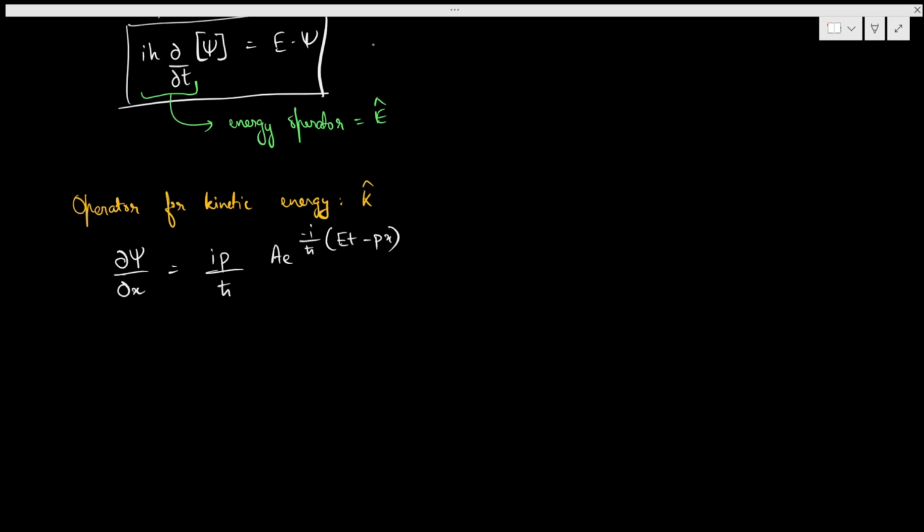Now we want kinetic energy here. Kinetic energy is not a quantity that is already there in this equation. So how do you get kinetic energy here? We're going to differentiate this one more time with respect to x partially. So you would get ∂²psi/∂x², which is equal to (ip by h cross) whole squared, again into the same thing, which I'm just going to write as psi.